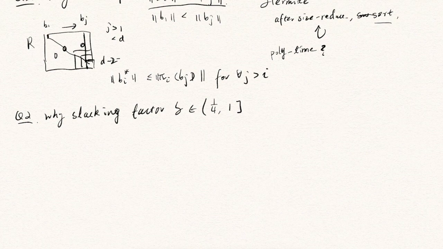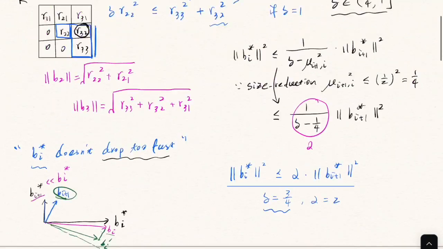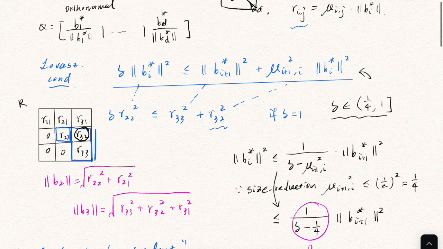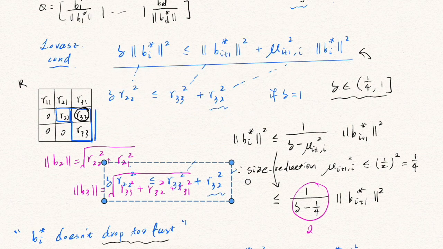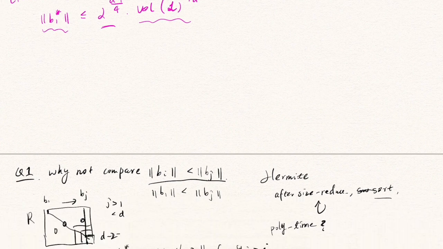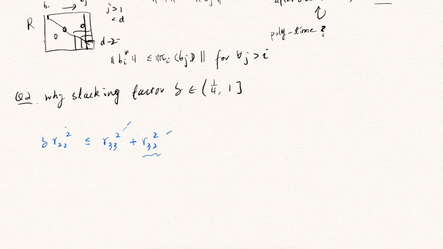Let's bring back this. The question is, why do we want this? We said that if delta equals 1, it looks pretty natural, but delta could be smaller than 1, which means I don't want it to drop too sharply, too fast, but I allow some drop.